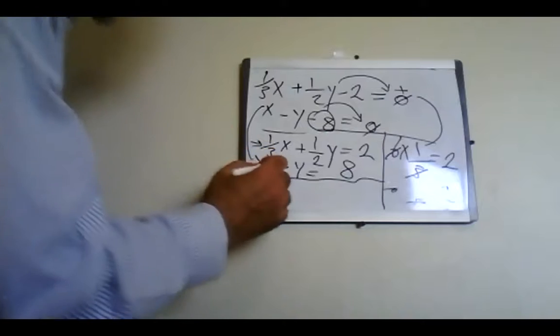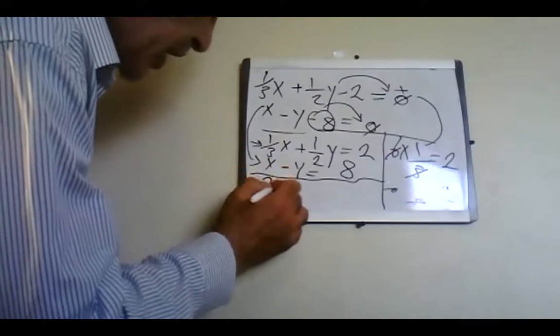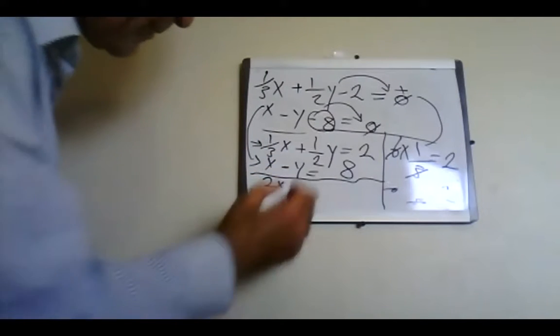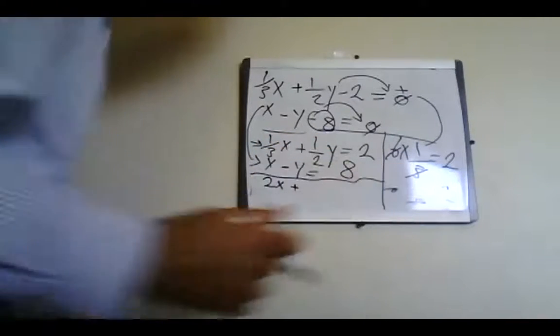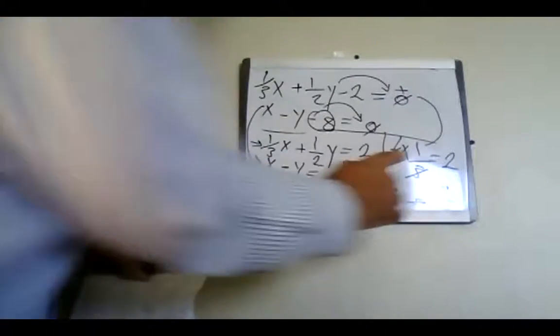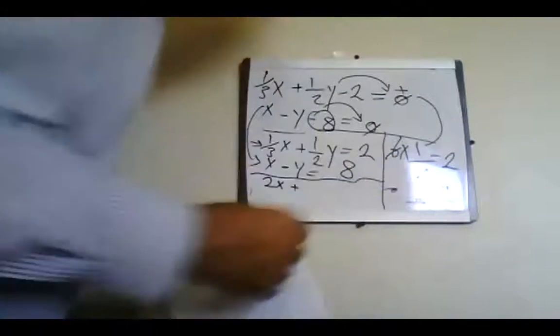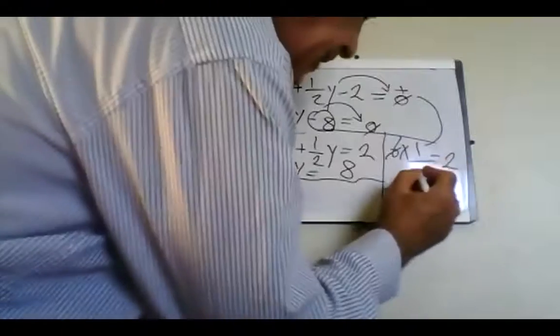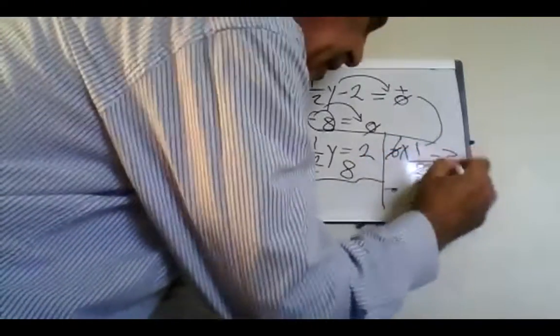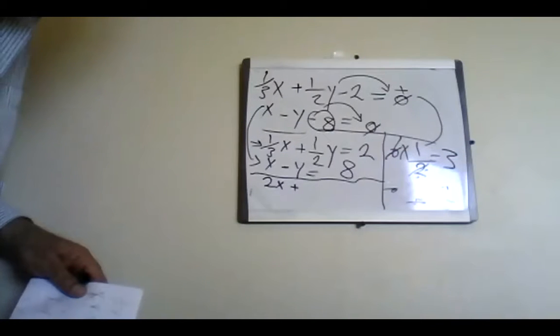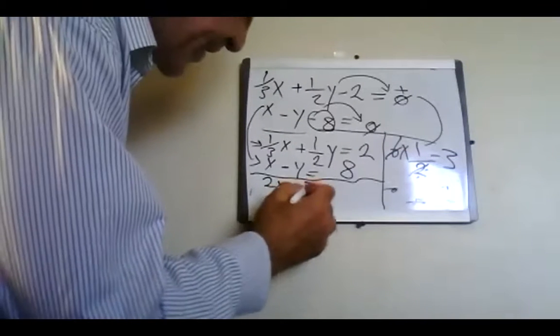So the first term will be 2x, plus, when I multiply 6 by 1/2, 6 with 2 gives me 3, so plus 3y.